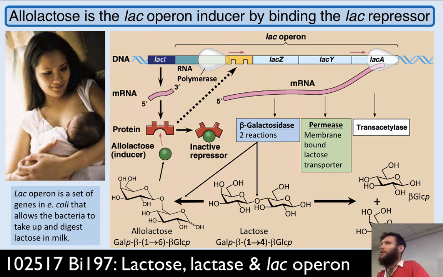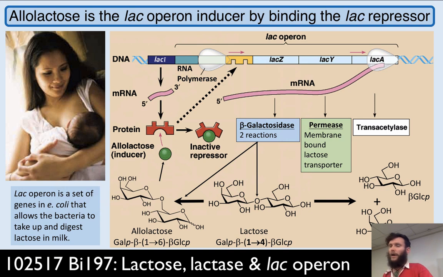E. coli are prokaryotes. They're bacteria. They're not eukaryotes like us. Eukaryotic cells, I'll remind you, have nuclei that hold all that DNA. Prokaryotes don't have a nucleus. They just have strands of DNA in their cell.